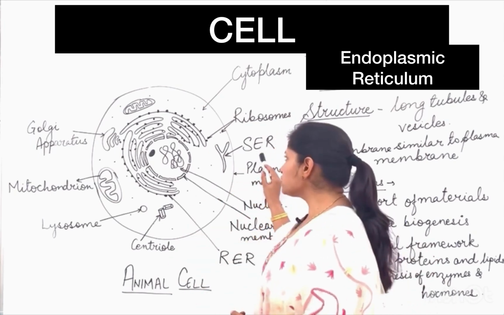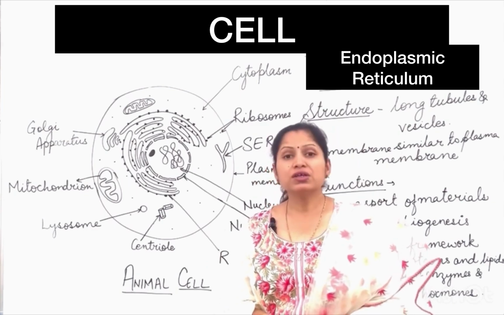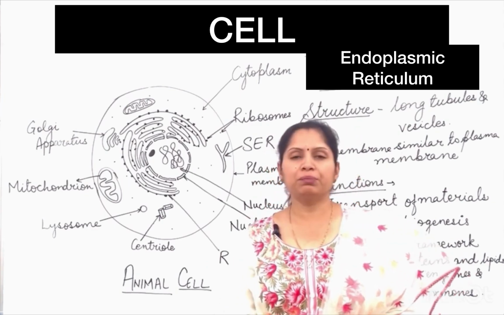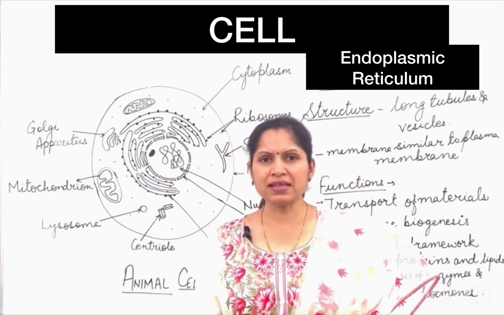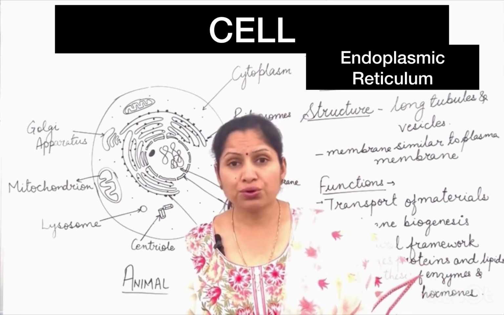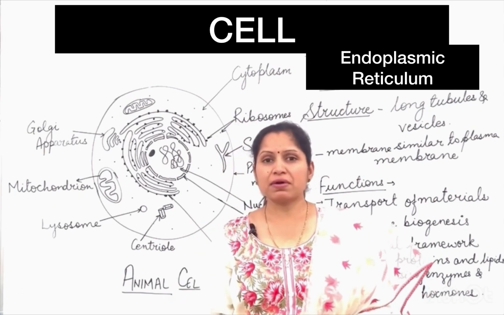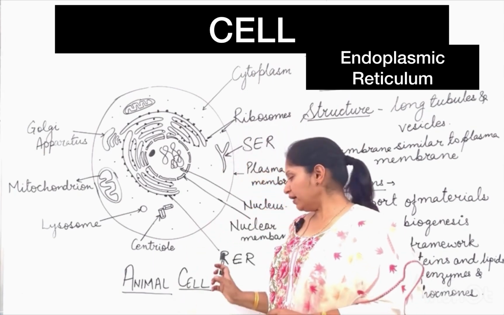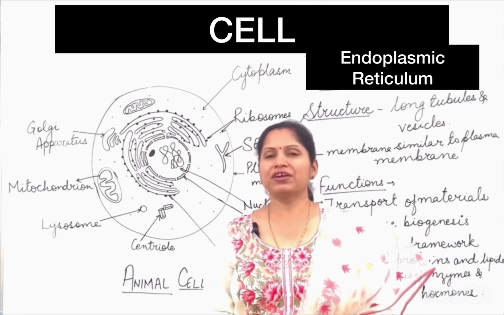What's the function of smooth endoplasmic reticulum then? Smooth endoplasmic reticulum helps in the synthesis of lipids. Lipids are also known as fats. So, lipids will be synthesized by smooth endoplasmic reticulum and proteins are synthesized by rough endoplasmic reticulum.